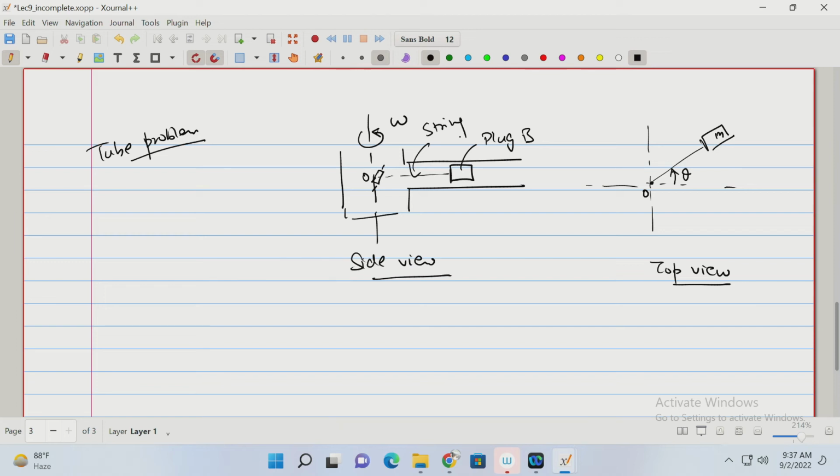Now the whole thing, the tube, was also rotating with omega. So in the top view that we are seeing here, theta dot will be just the derivative of theta, and this is R. If we draw the free body diagram with the blue color, there is one force, that is tension, that acts inwards, and another force which is normal reaction, which acts in the theta direction.